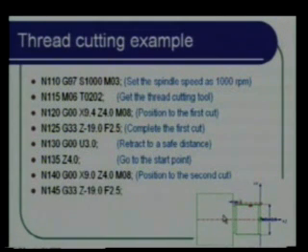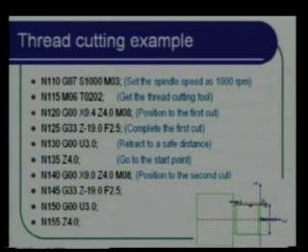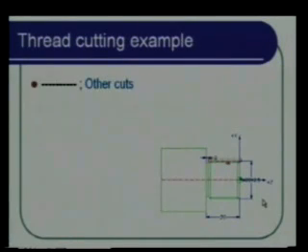Now G33 is non-modal, unlike the other G codes. G33 is non-modal, so it will be operational only in the block where it is programmed. So we will be giving it every time it is required. G33 goes to the end point, then retract, go to the start point, then take the next depth of cut.